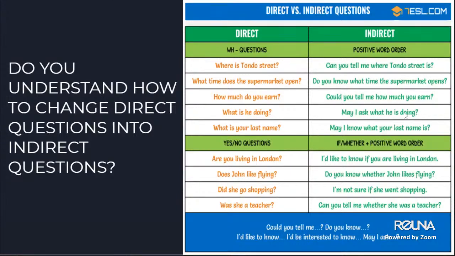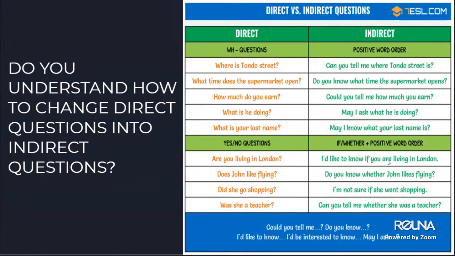So if you can remember this, you're going to be using the right structure if you use, in the second part of the question, the affirmative order, right? May I know what your last name is? Okay. And yeah, you're going to be showing that you know English, you know what you're talking about, right?